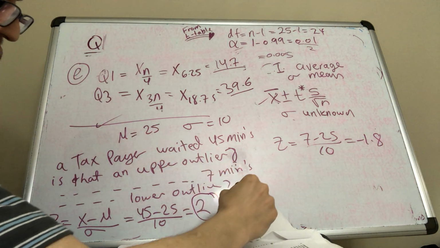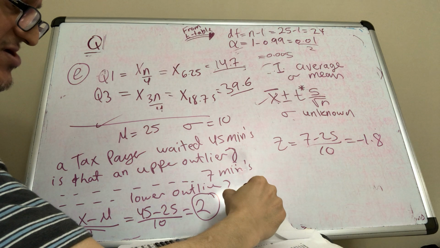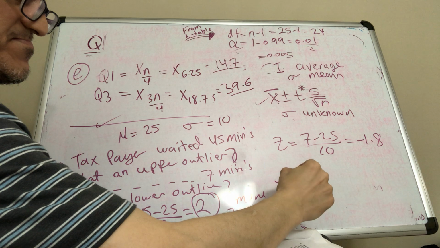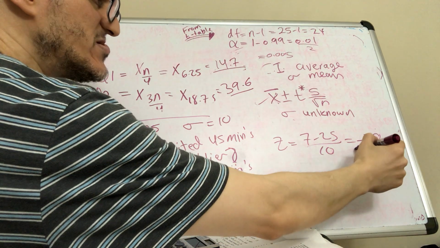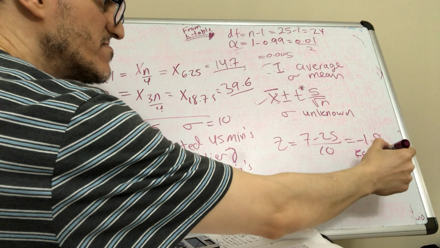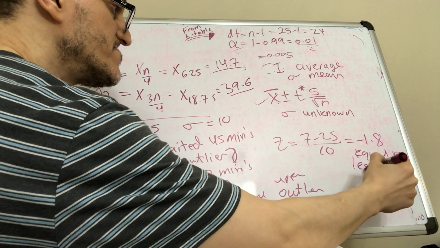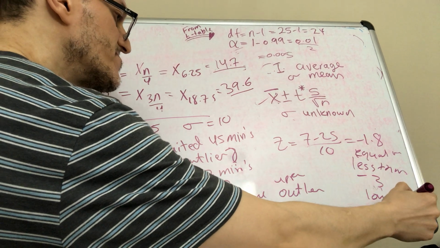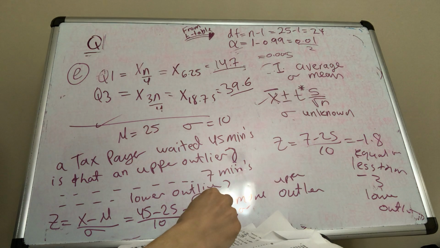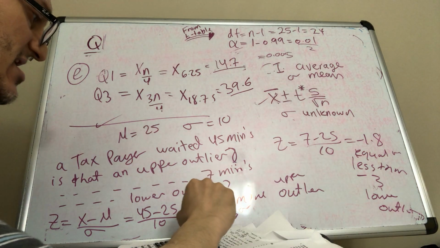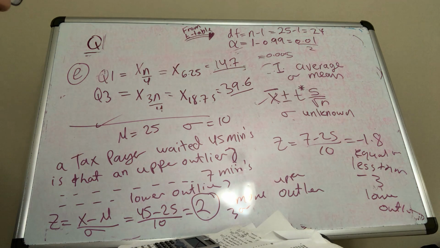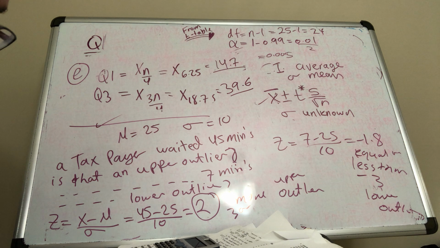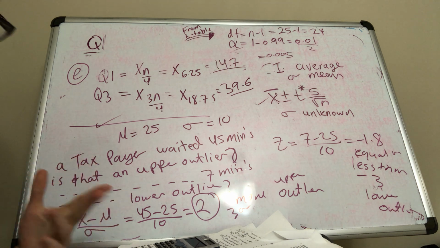If the value is 3 or more, then it's an upper outlier. If your value is equal to or less than minus 3, it would be a lower outlier. In this case, it's 2, so it's good, not an outlier. Here it's minus 1.8, also good, not an outlier. So we're good in both cases. That's if they want you to test quickly for a certain number.